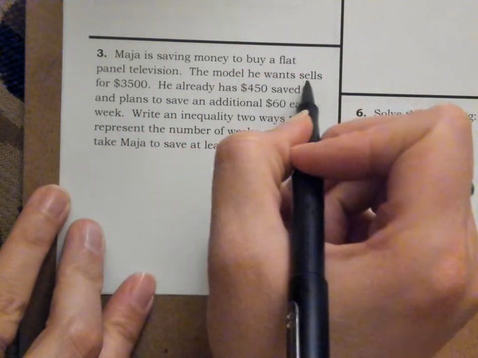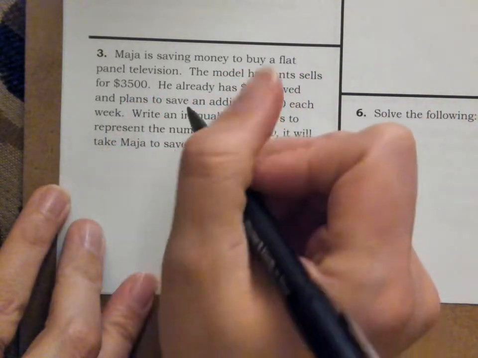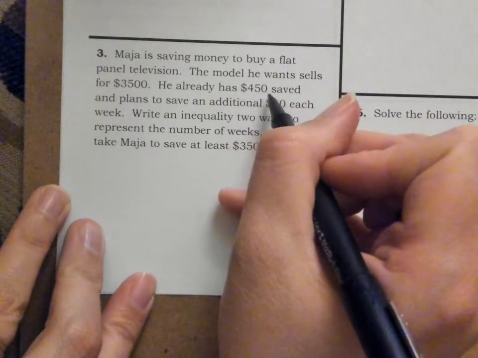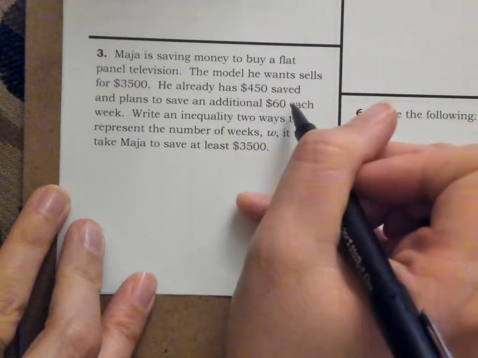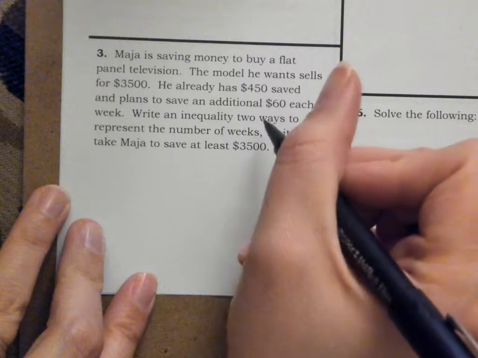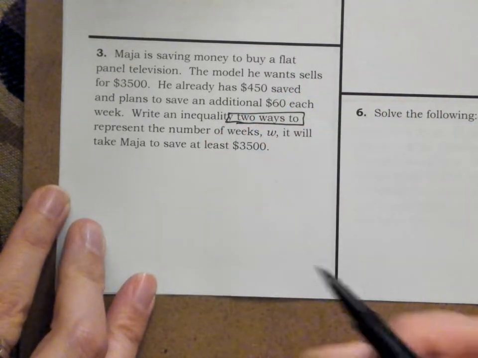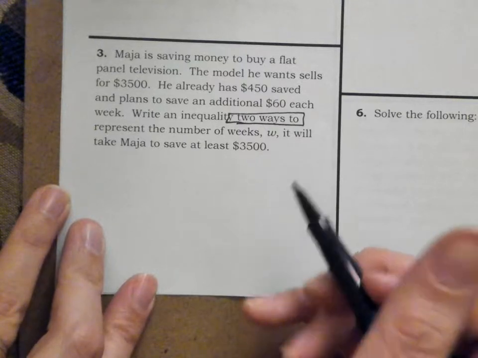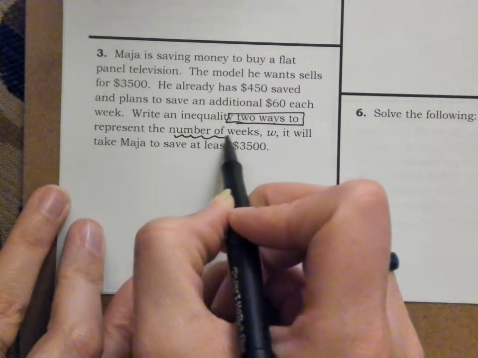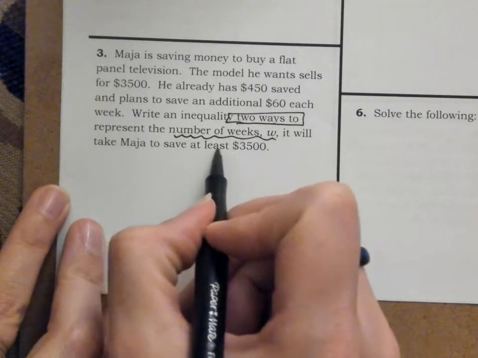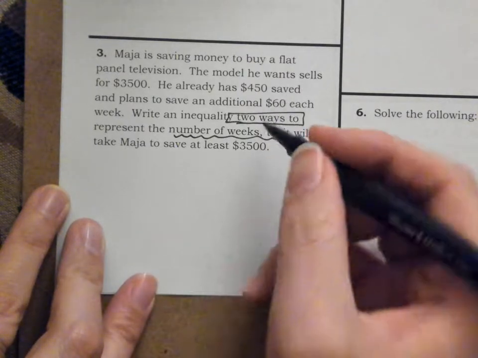The model he wants sells for $3,500. He already has $450 saved and plans to save an additional $60 each week. Write an inequality 2 ways. That is very important. That's what most people missed on the quiz. To represent the number of weeks, W, it will take to save at least $3,500.